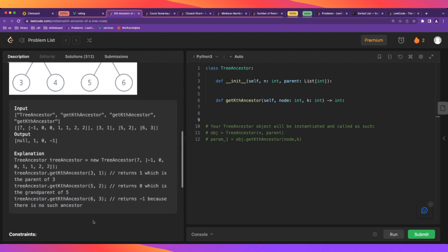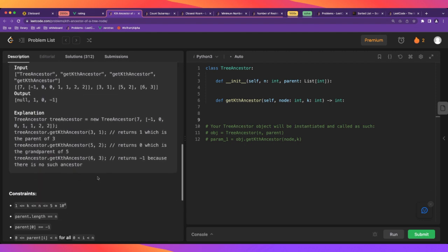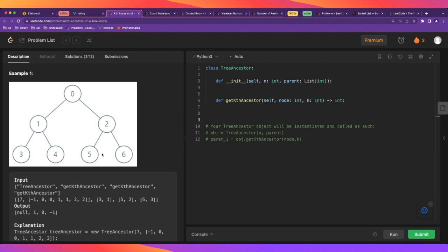And then we can respond to the queries if we decompose. When we're given an arbitrary k that is not a power of 2, we can decompose it into powers of 2. And we can make the jumps.